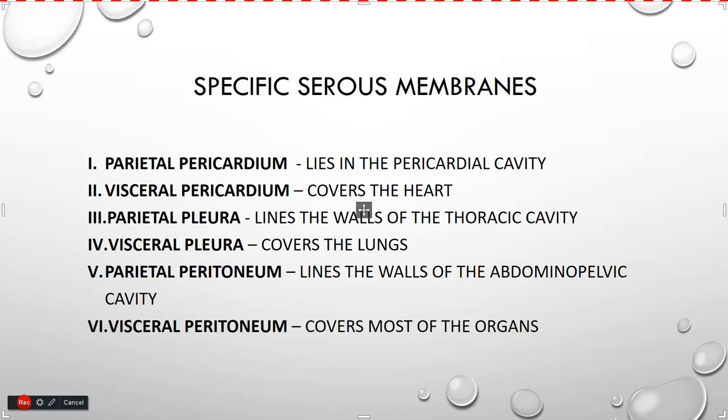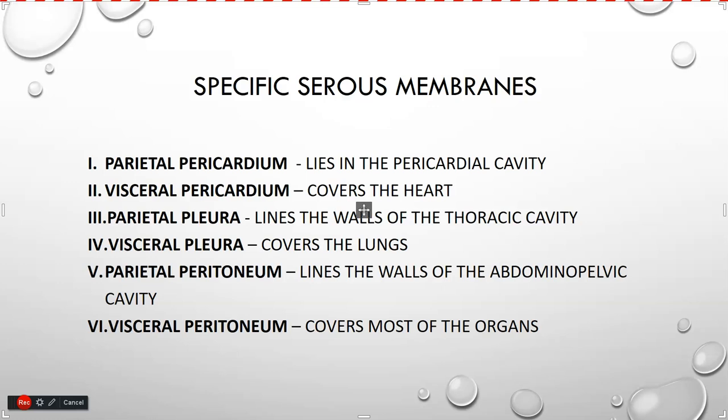So the parietal peritoneum is the serous membrane that lines the walls of the abdominal pelvic cavity, whereas the visceral peritoneum is the serous membrane that covers most of the organs that lie in the abdominal pelvic cavity.